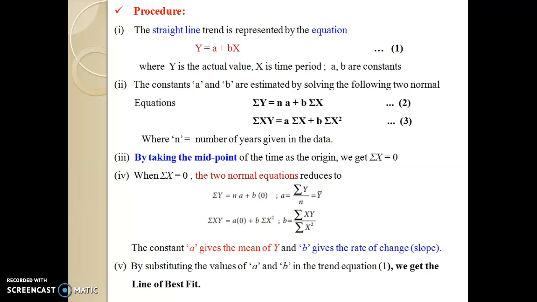The constant a gives the mean of y. Similarly, the constant b gives the rate of change of slope.